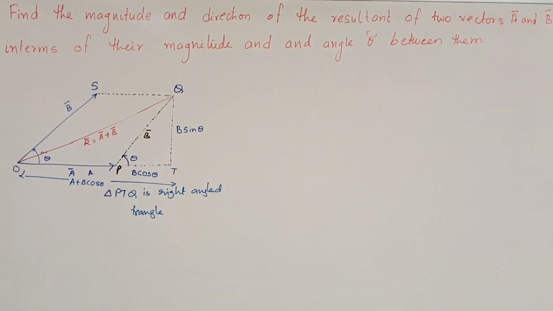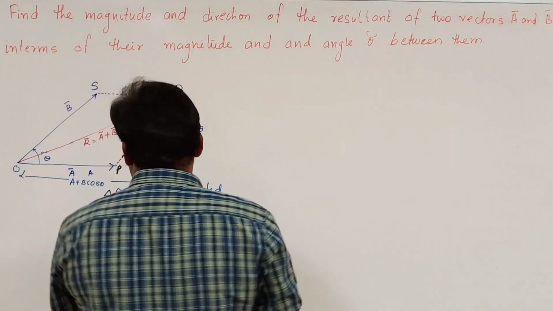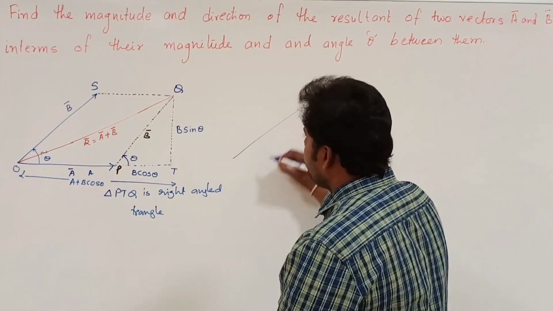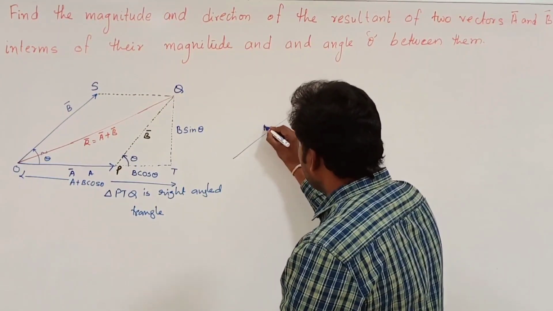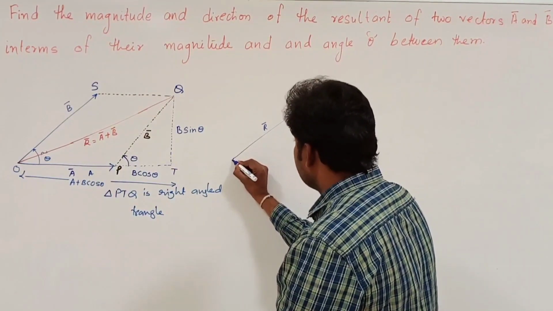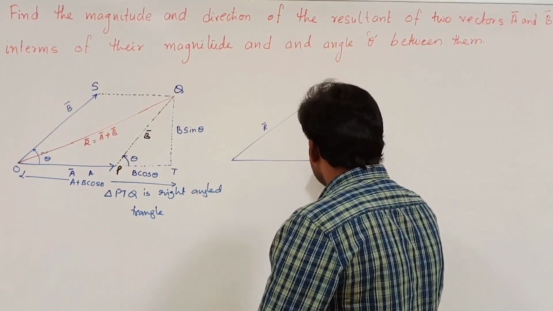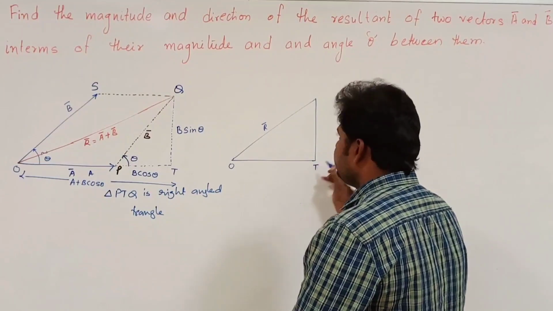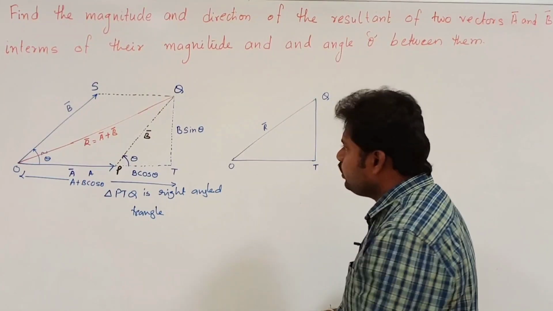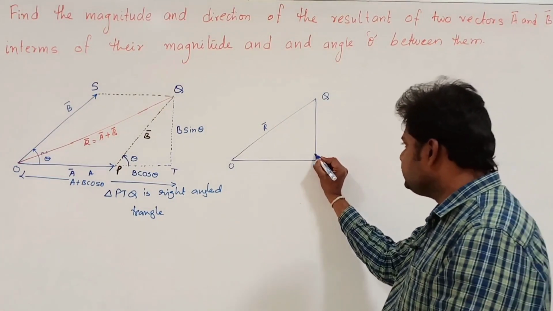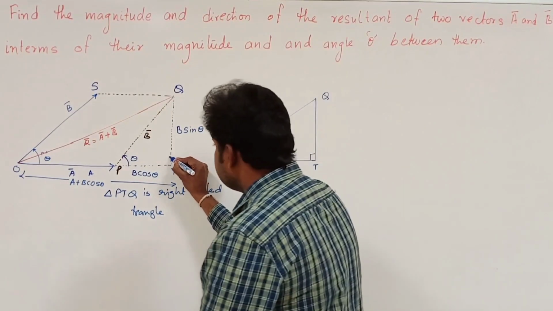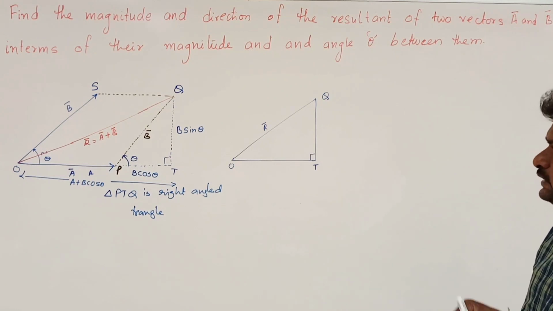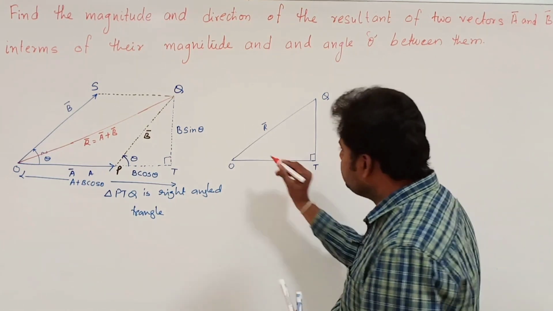So that I can extend, and I am extracting the triangle called OTQ, with vector R. What is this? This is 90 degrees. This is also 90 degrees. Now, what is the angle here?